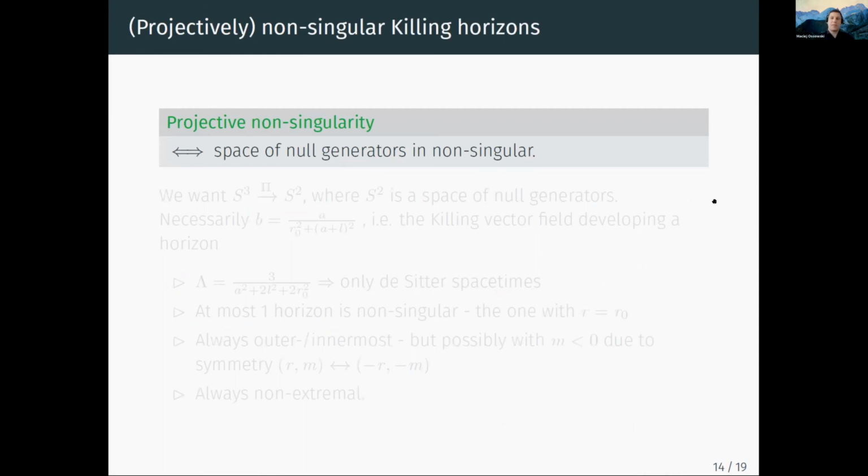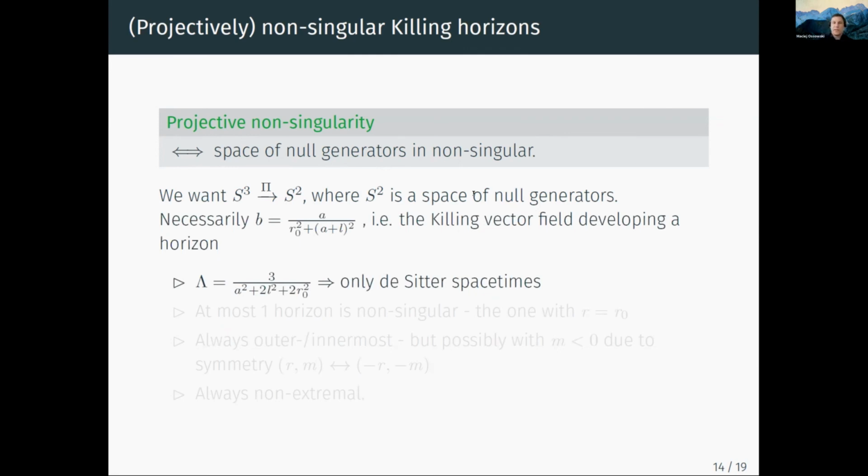There are also some applications to horizons, and for that we introduced the notion of projective non-singularity for the horizon. This is when not only the horizon as a manifold is non-singular, which is always true in our approach, but also when the geometry of the non-singular spacetime agrees with the geometry of the horizon. This happens precisely when the space of null generators is non-singular, and when we take the base space of our principal bundle to be the space of null generators.